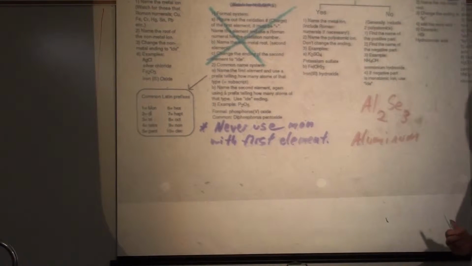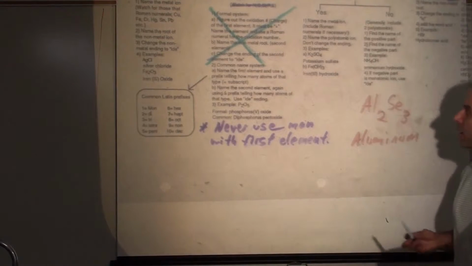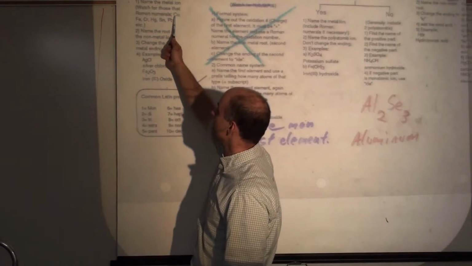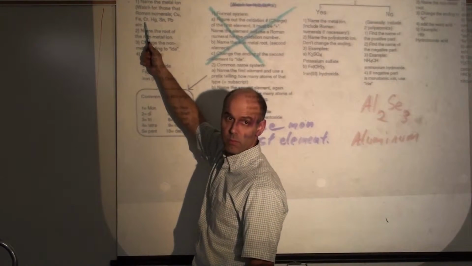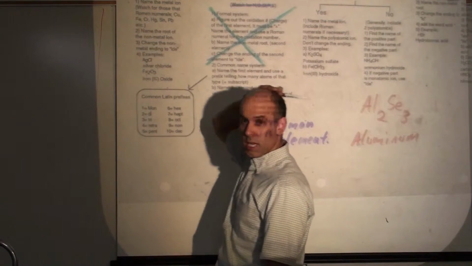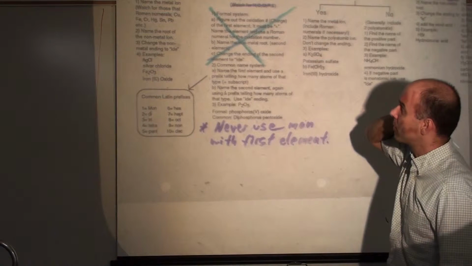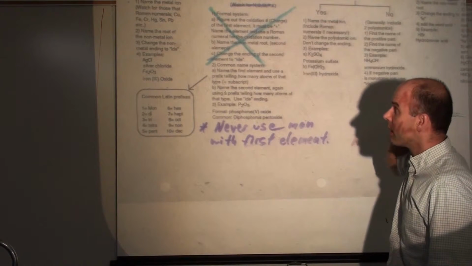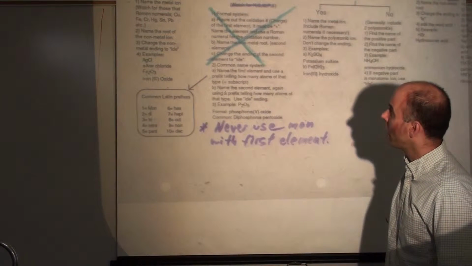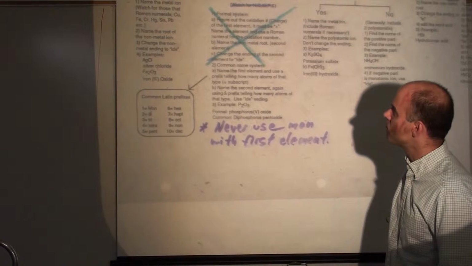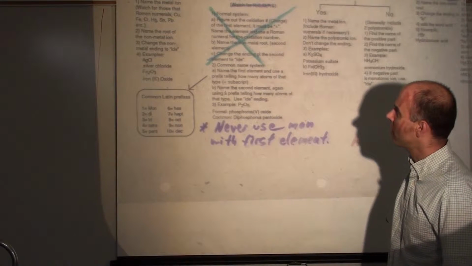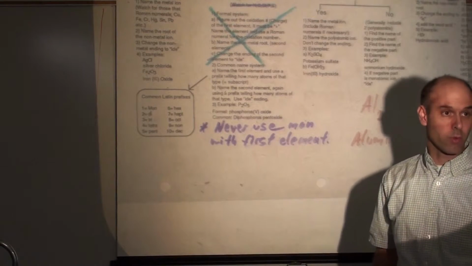Can aluminum be more than 1 charge? No. Now this gives you some examples. It doesn't give you all of them. Now Appendix A gives you all of them. But there are other ones that have multiple charges like, let's see, iron. They don't have antimony on there, they don't have cobalt on there.